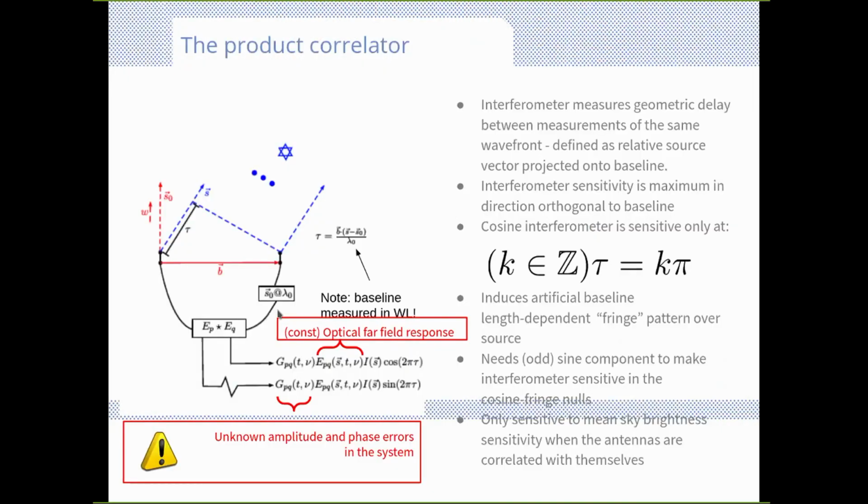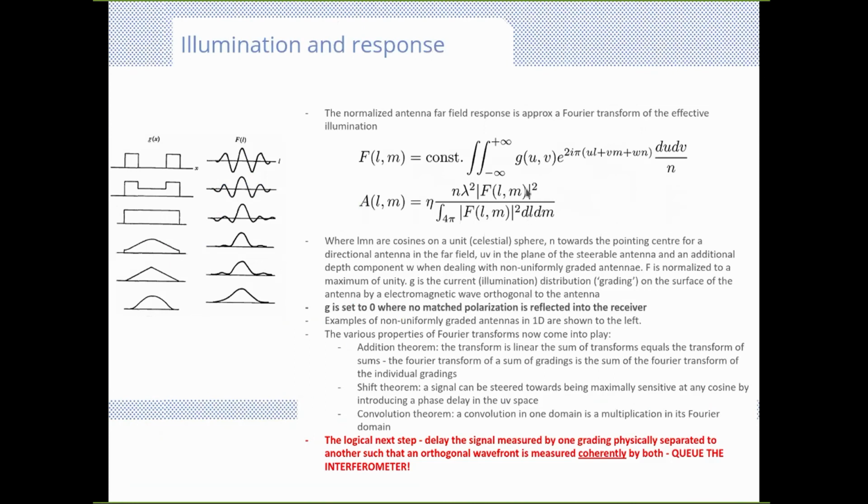Okay, there's a follow-up question here. Could you please elaborate more on the unfilled current grating? Let's go back to the illumination response here, right? You have a grating function, so current along the surface of the aperture. If you have a parabolic dish, then it's the current distribution along that parabolic surface, right? That is called the function G(u,v).